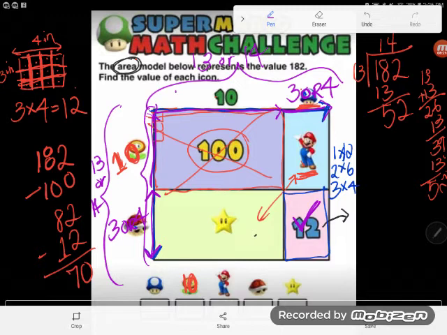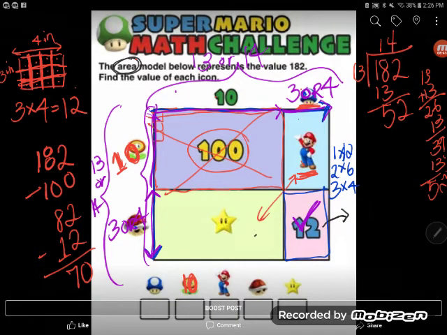So let's use the star and Mario to see if we can figure that out. Does it matter? So let's see. It could be that this was a 3.